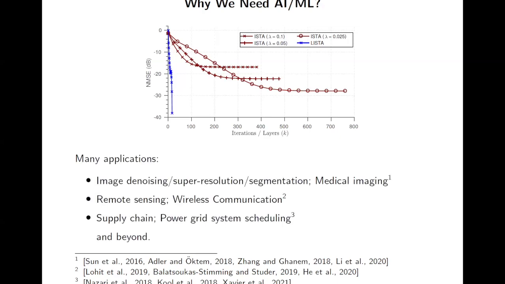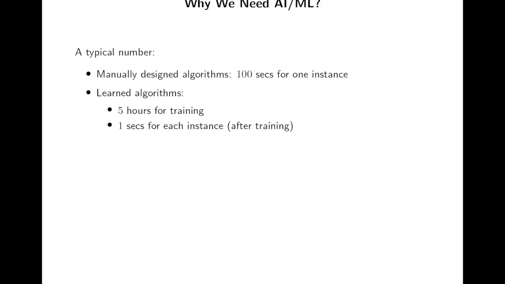And also there are some other very successful optimization applications with this kind of methodology. Let's give a typical number. If you manually design an algorithm, it may take, for example, 100 seconds to solve one instance. But if you want to use machine learning to solve it, usually we have to pay more time for training.